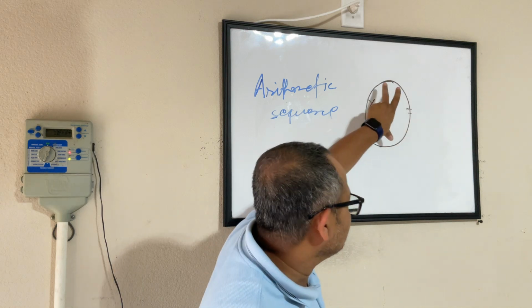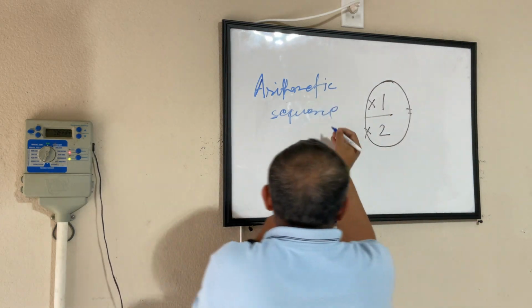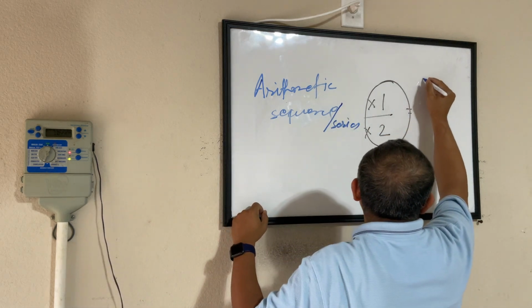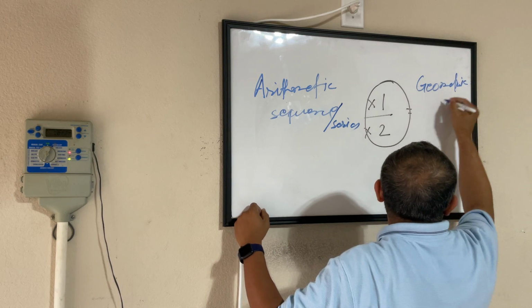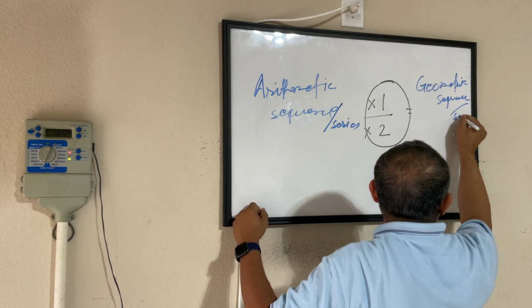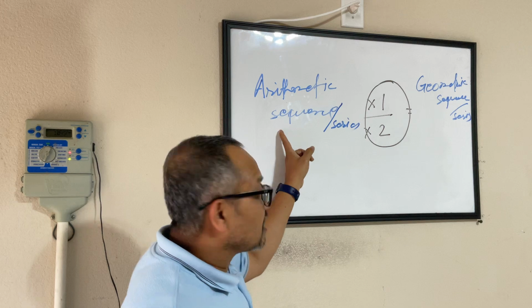So I'll not use this circle. So one is arithmetic sequence, and extension of that I will say arithmetic series. Similarly, the new thing that we are going to learn today is called geometric sequence and series, and we'll compare these two. So in the last class we talked about this one.